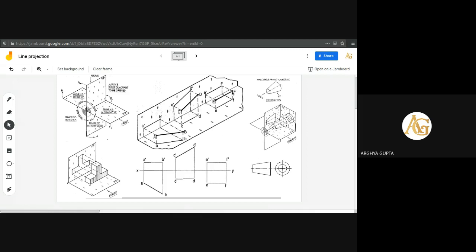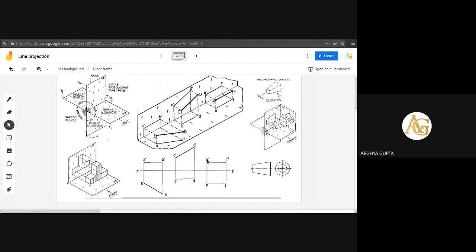So the true length of the line, let us say 50, will be seen on both the vertical plane and also on the horizontal plane. The top view is designated by small letters, small e f, and the front view is designated by dash, E dash, F dash.